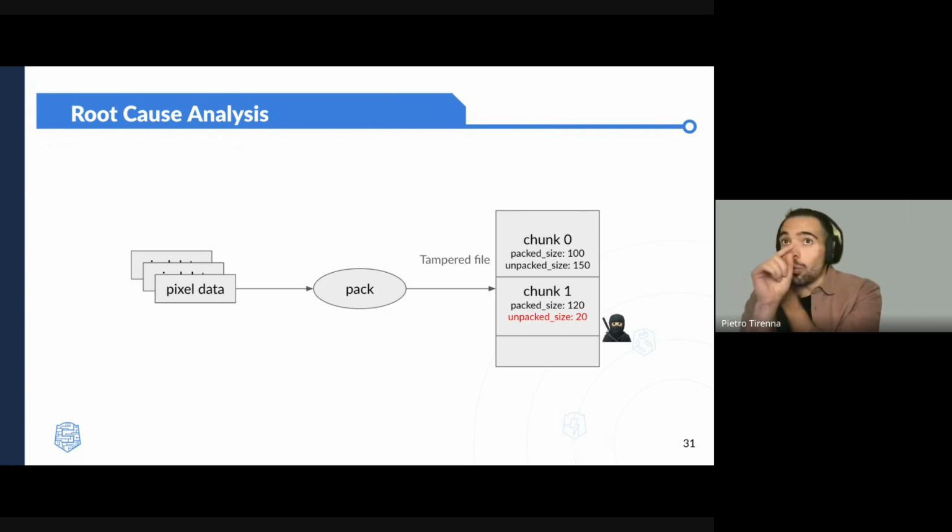What will happen is exactly what we've seen in the debugger. We will try to get the decompressed data fitting into a smaller buffer. In this case, for instance, we originally had 180 bytes, and we will try to fit those 180 bytes into 20 bytes of uncompressed data buffer.